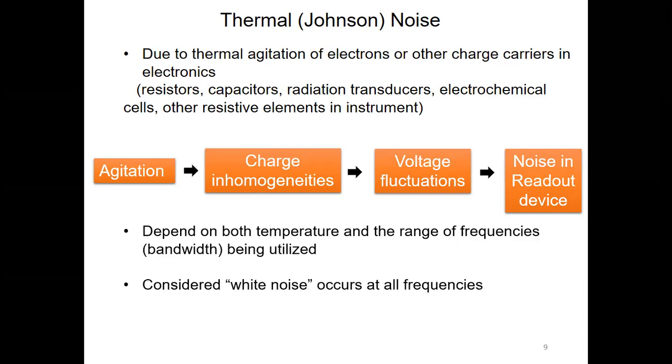This thermal noise depends on the bandwidth or the frequency change, but it does not depend on the frequency of that particular instrument, right? So it depends on the frequency bandwidth and is independent of the frequency. Therefore, sometimes we term it white noise because it is analogous to white light.